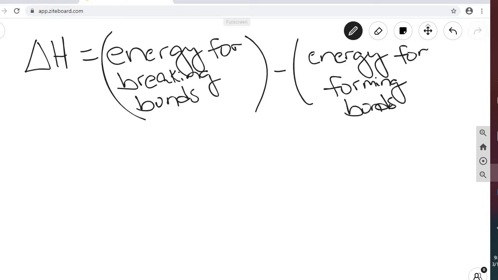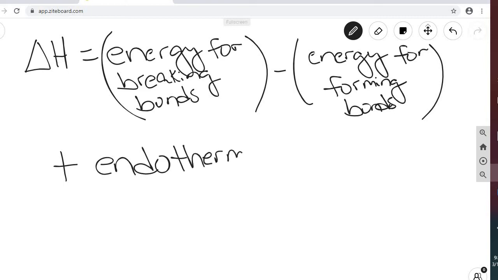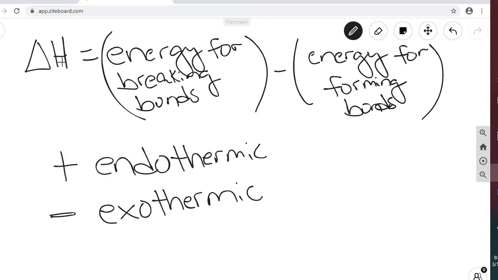If this number is positive, it's an endothermic reaction. If the answer is negative, it is an exothermic reaction.